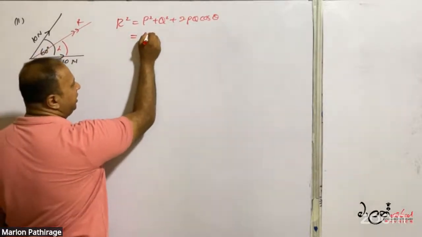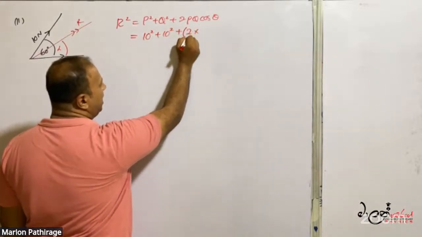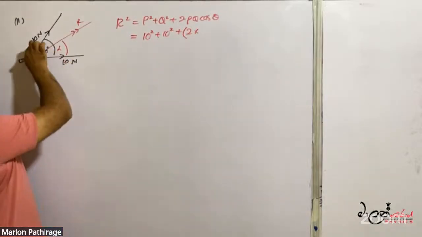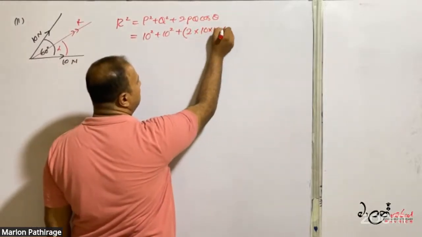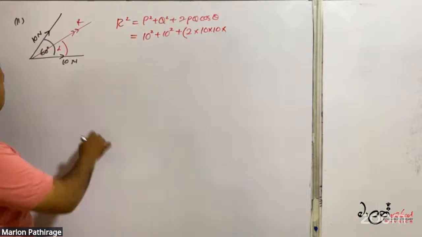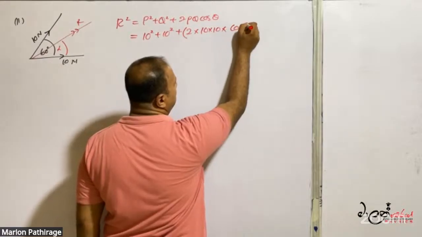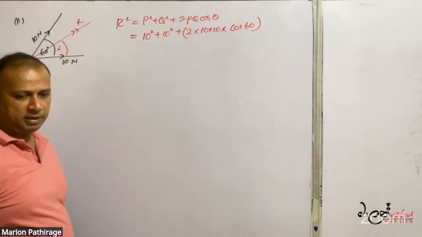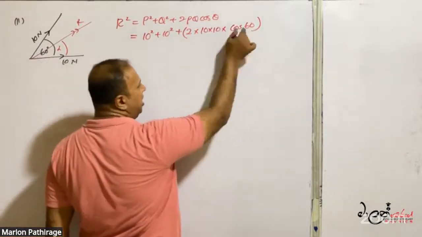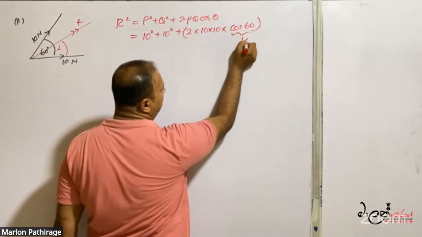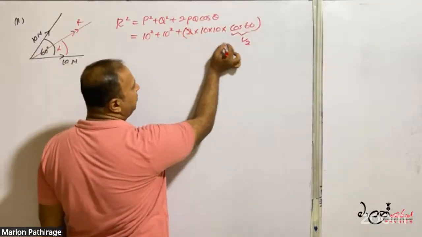Therefore, 10 square plus 10 square plus 2 times 10 into 10 times cos 60. Now, you know cos 60 is half. Half into 2 means 1, therefore you can cancel out those.